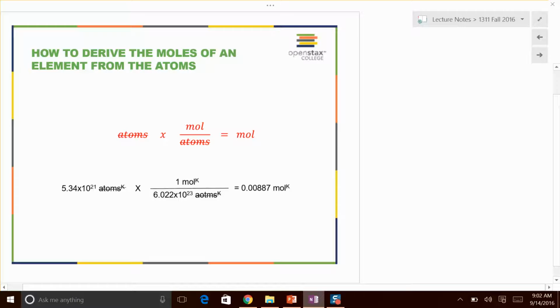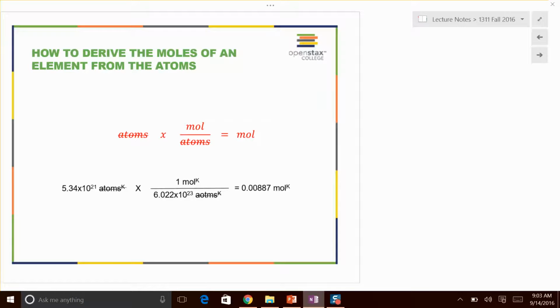Okay, so now we're going to look at how we use this concept of the mole in relation to grams through conversion. So here I want to derive the moles of an element from the atoms of that element. Here I'm working with potassium, and I have 5.34 times 10 to the 21 atoms of potassium.